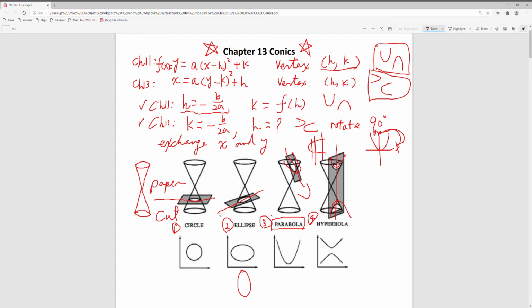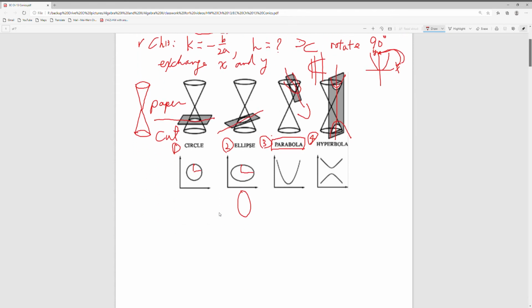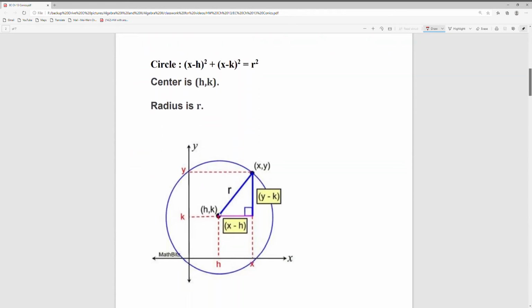And the circle is a special type of ellipse, meaning all is round, not like an ellipse, where one side is longer and the other side is shorter. Okay. So this is chapter 13 all over. Now, keep going. We focus on circle.